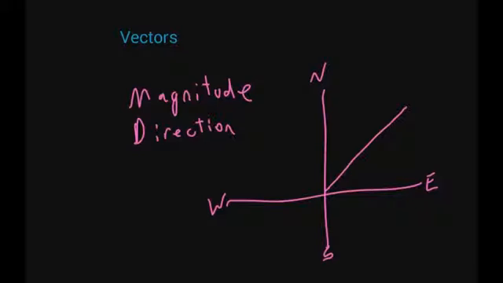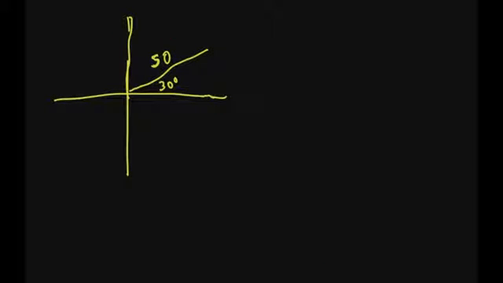So let's go ahead and work some of these problems. Alright, so I have a vector here. I know the angle it makes is 30 degrees, and I know my vector's magnitude is 50. So we can picture a right triangle here, and we need to find what our x value is and what our y value is.